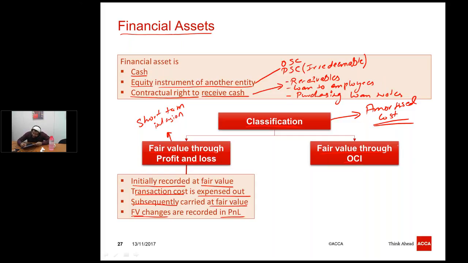And if the shares have been acquired for a long-term intention, then we are going to classify in OCI. So if I say we are purchasing the shares, what possible intentions can be there? 3 possible intentions can be there.